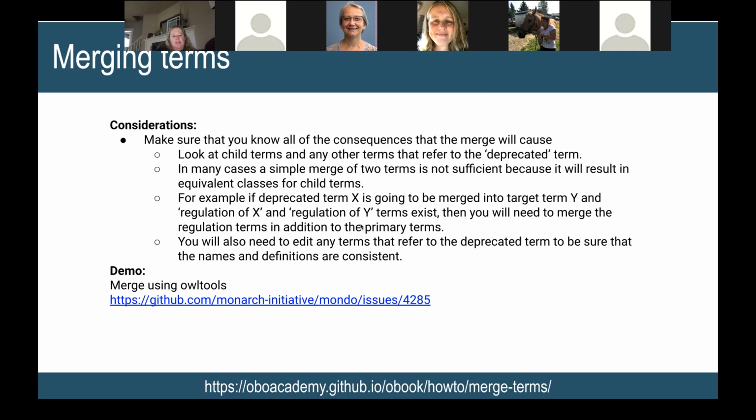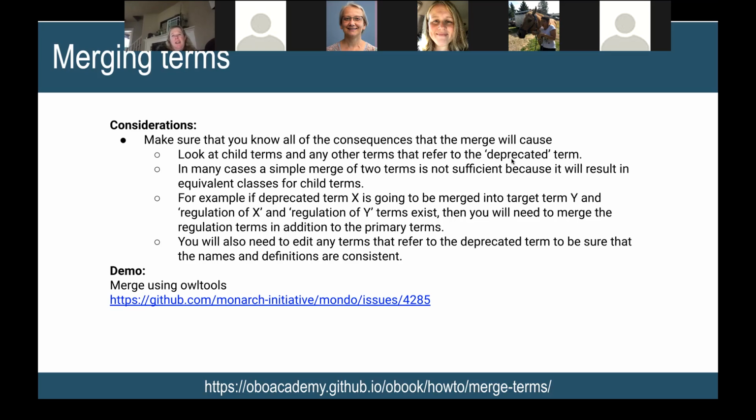So some initial considerations when you're merging terms. Make sure that you know all the consequences that the merger will cause. If you're obsoleting a term, or merging a term, you want to look at the children terms. In Mondo, we do a lot of multiple parentage.